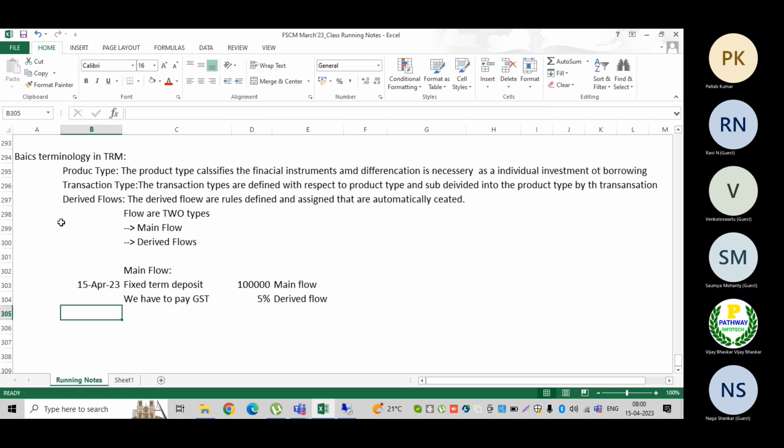Then that is the meaning of the derived flows. Then I was talking about flow types. Let us see that one. The flow types define the flows of a trade.